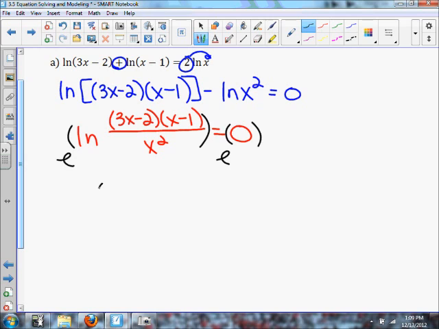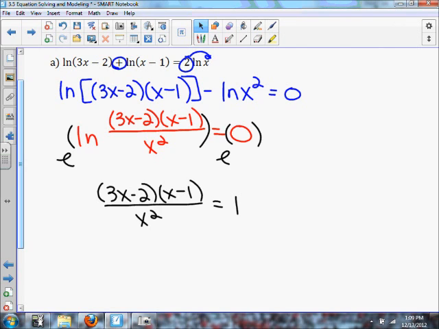So when you do that, we'll get this, because e to the 0 power is 1. I needed to show you that step so you know that it's going to equal 1 on the other side, not 0.